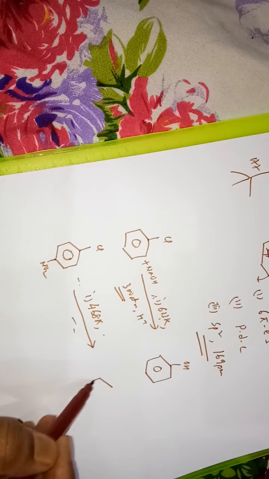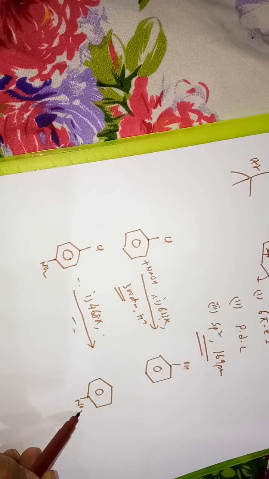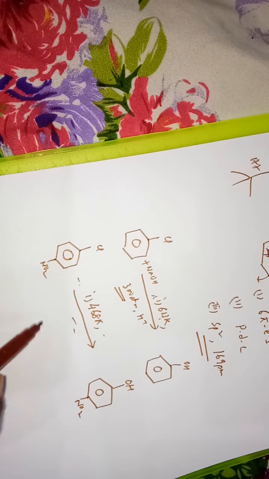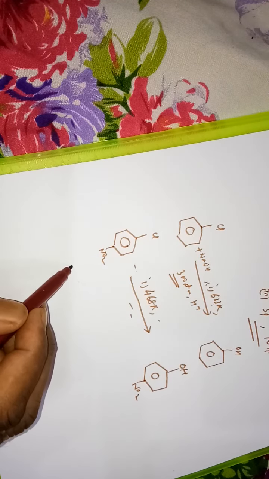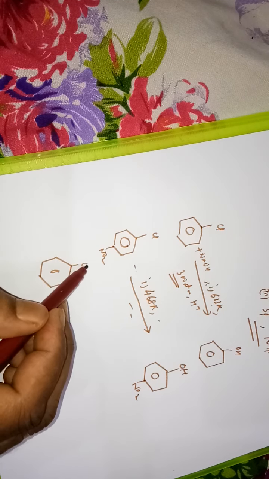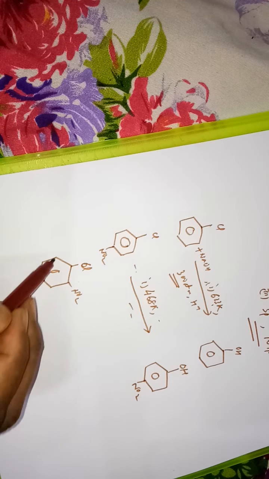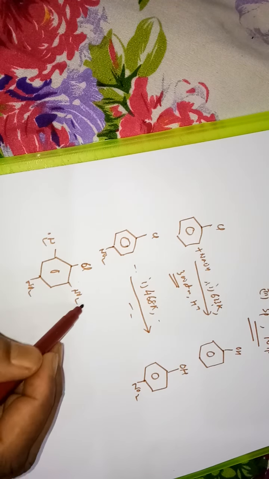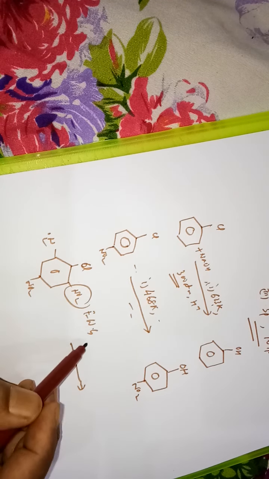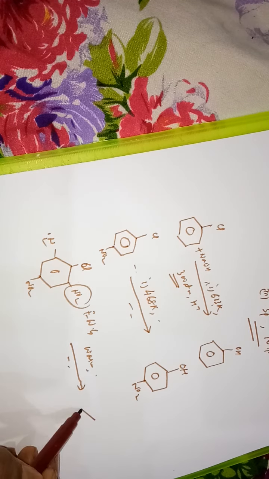So if I use an electron withdrawing group, the conditions favor the nucleophilic substitution reaction. Sometimes if you use 3 such groups, here an NO2 group, here an NO2 group, here an NO2 group, so we are using an electron withdrawing group 3 times, then if you only warm it, it gives you the product.